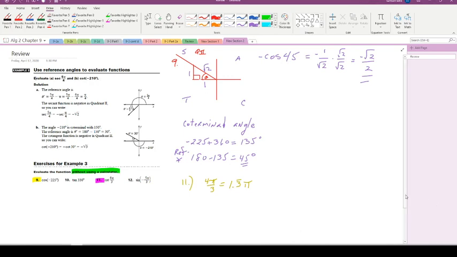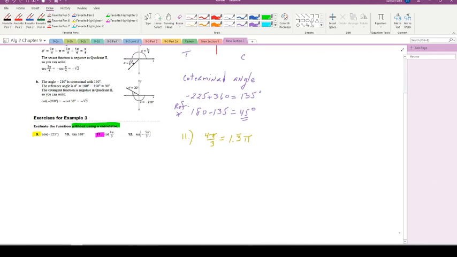So now let's draw an XY plane. So we're going to do it right here. And then we are going to draw that. And notice it is positive, so that means it goes this way.